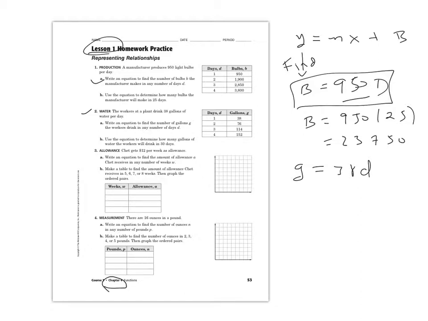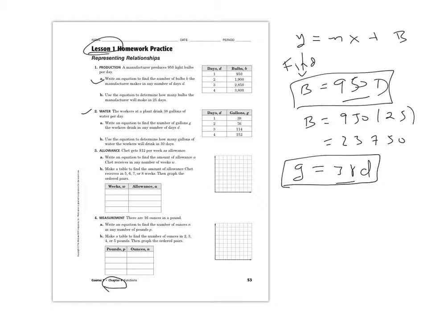So our slope is going to be 38, and this would be our equation. Gallons are equal to 38 per day. So G equals 38 times D, the number of days that the plant was in operation and the workers were there drinking water.